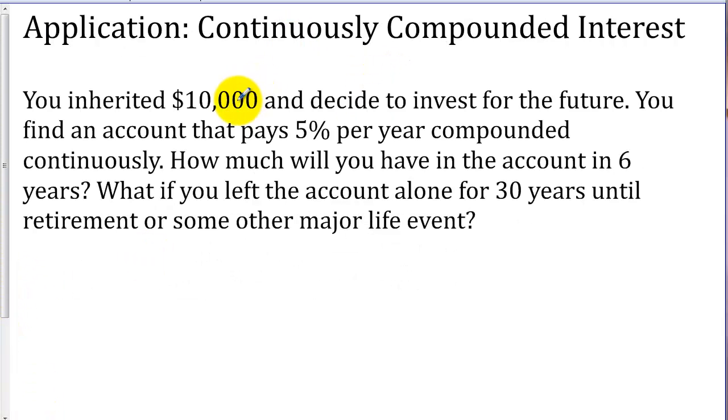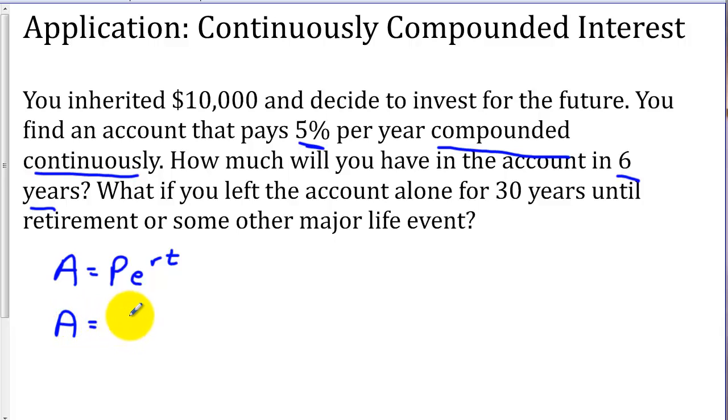So let's look at an example. Let's say we inherited some money and we're going to save it to buy a condo maybe in 6 years after we graduate from college, or at least put it as a down payment. So we want to figure out how much money we're going to have in 6 years, and we're paid 5% compounded continuously. When you see the words compounded continuously, that needs to trigger that you're using the PERT model. We need to know our initial deposit, which is going to be our inheritance.